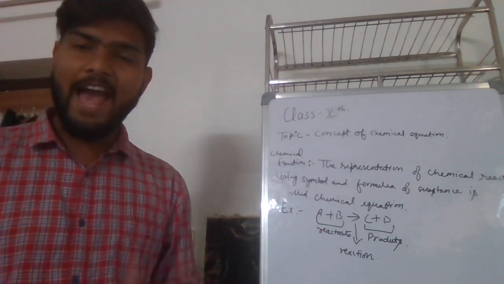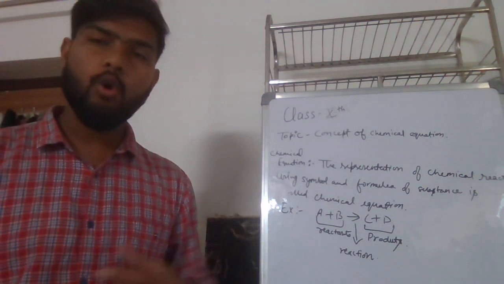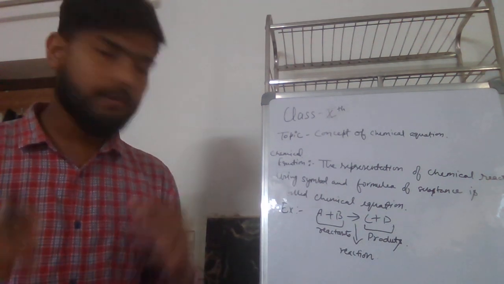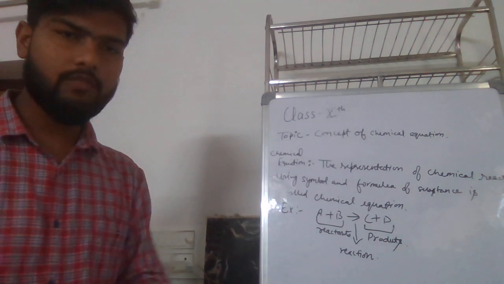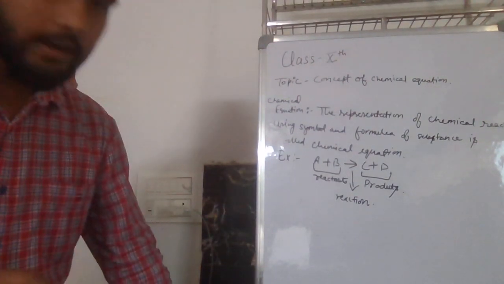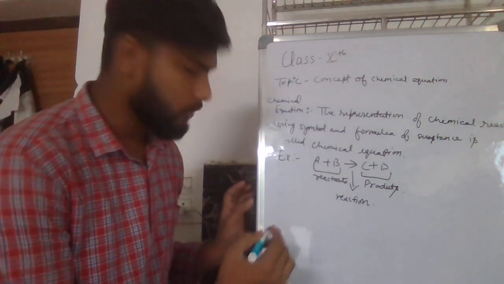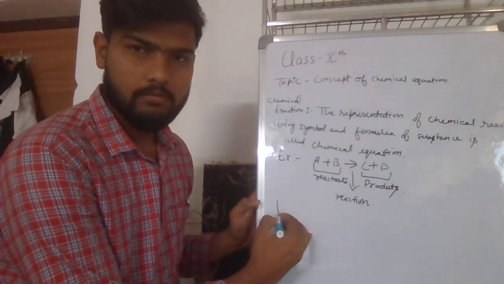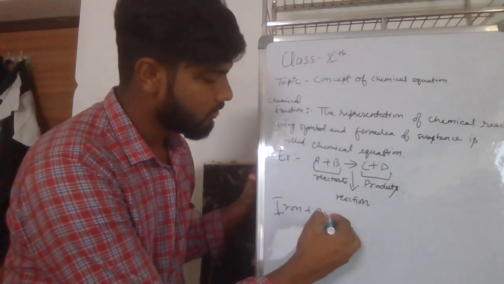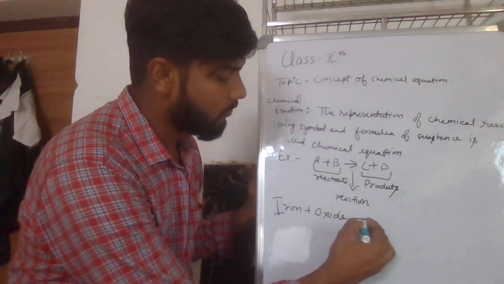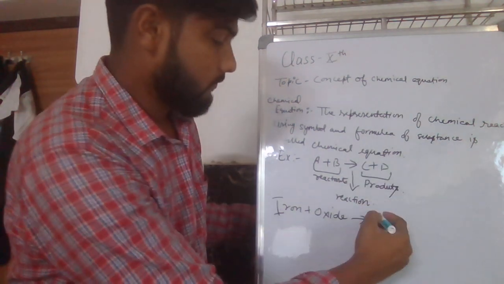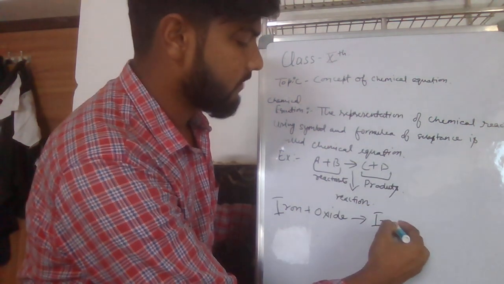When iron is exposed to oxygen to give iron oxide, what will be the word equation for that? Here I will write the word equation: first iron, then plus oxygen, gives iron oxide.